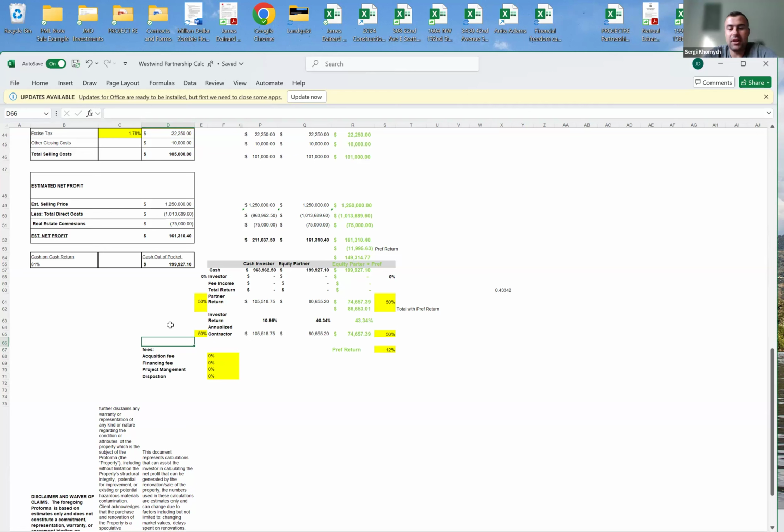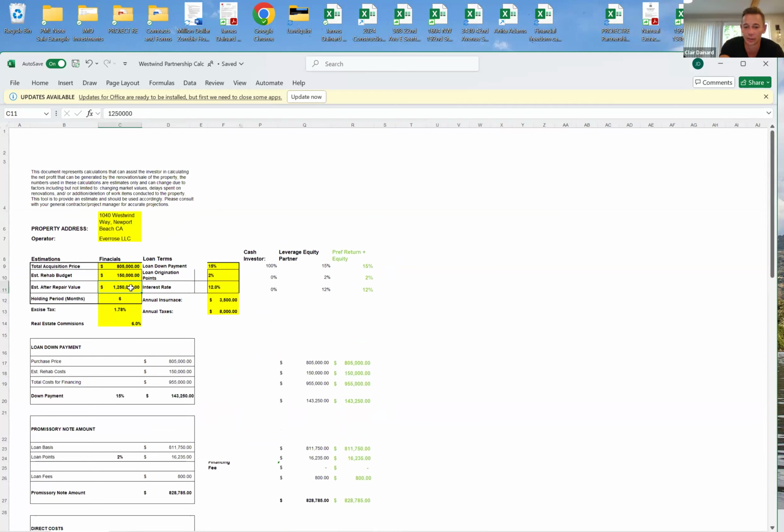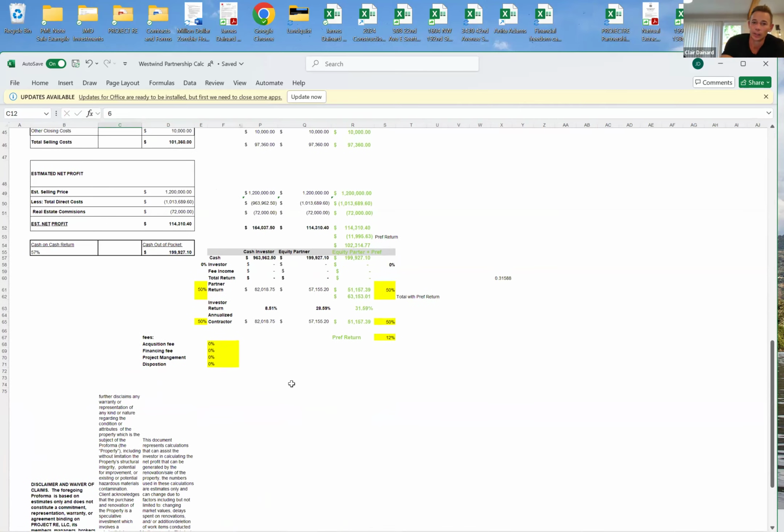But how about if the profit is a little bit less, and his percentage is like 6% instead of 10%? Let's say it sells for 1.2 instead. So 1.2, then it's, hey investor, you're putting up 963,000.